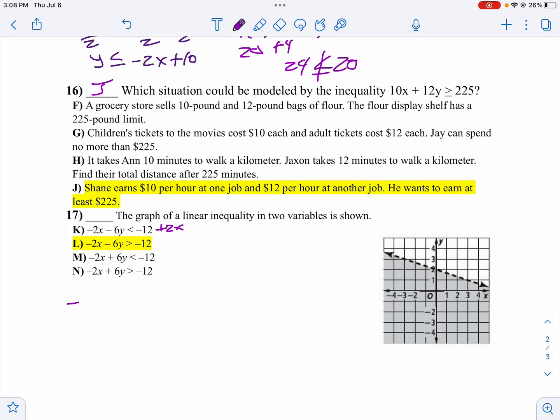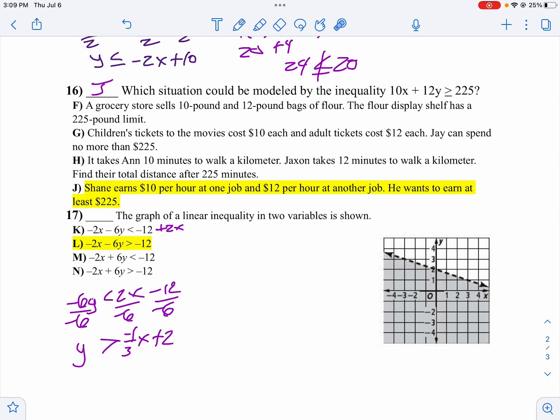So say -6y is less than 2x minus 12. I'll divide by a negative, which means I flip my inequality. So I'll get y is greater than -1/3 x plus 2.